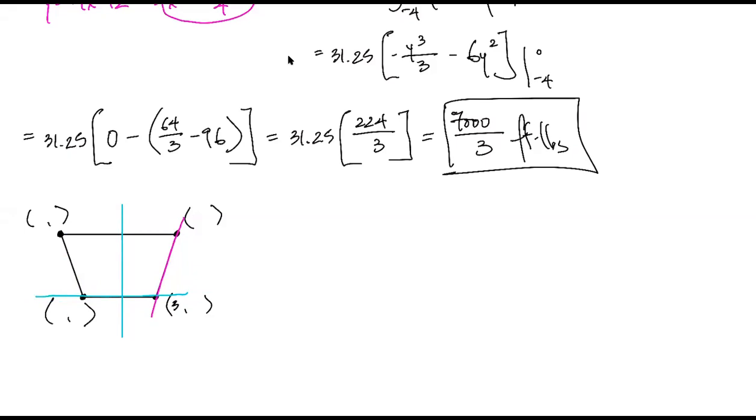This is still 3, this is still 0. Oh no, sorry, the bottom points do change. This is going to be 2 and 0. This is going to be negative 2 and 0. Then this point up here will be 3, 4. This one will be negative 3, 4.